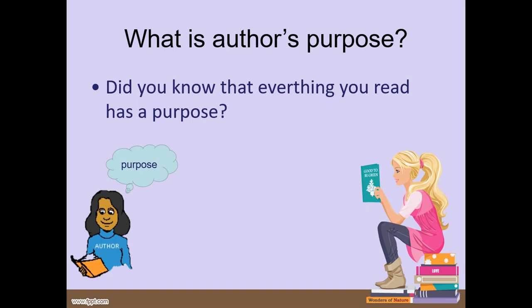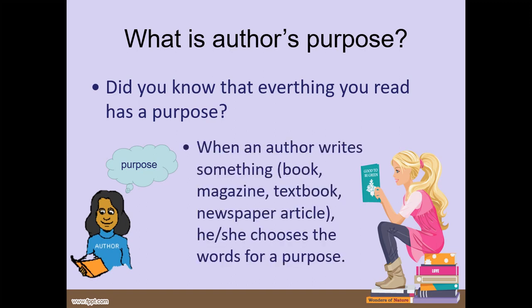I'm absolutely sure you all know that whatever you read, no matter what type of text it is, there is a purpose. And it is usually set by an author. According to the type of text, what the author is going to write, such as book, magazine, textbook, newspaper article, the author selects the words for his or her purpose.